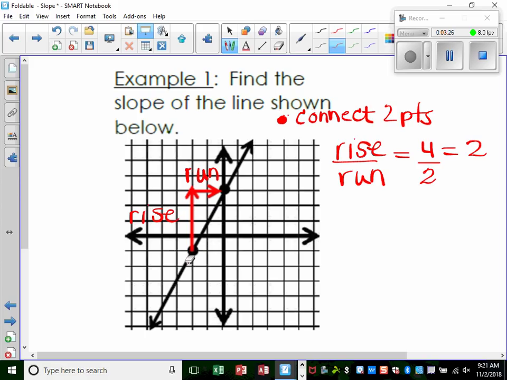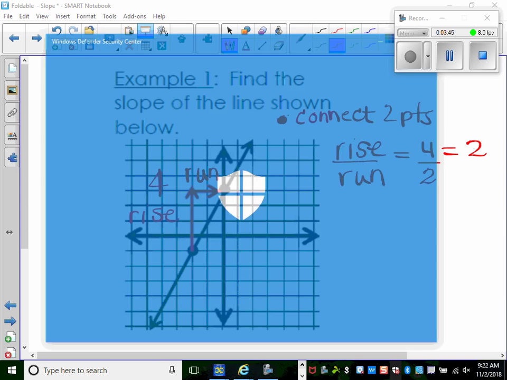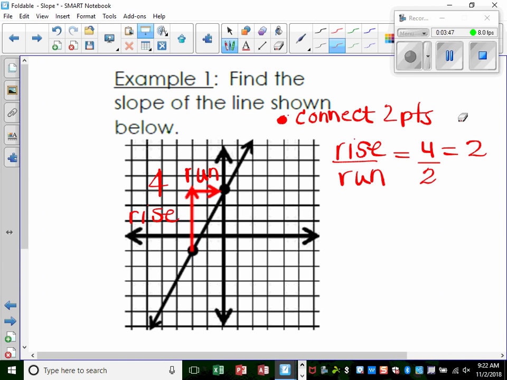So you're going to count those, and you can start from the point and go to the corner, and you count 1, 2, 3, 4. So that rise number on the side is 4. And then you start again, 1, 2, just count across. The run number is 2. Oh, sorry about that.